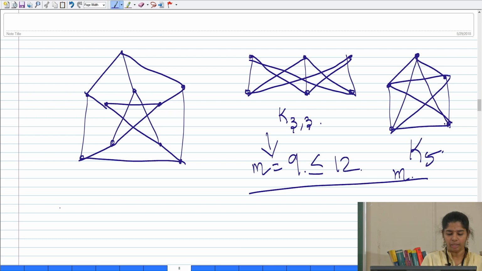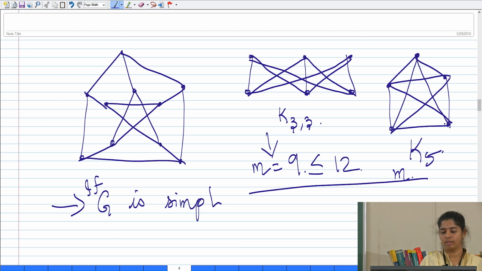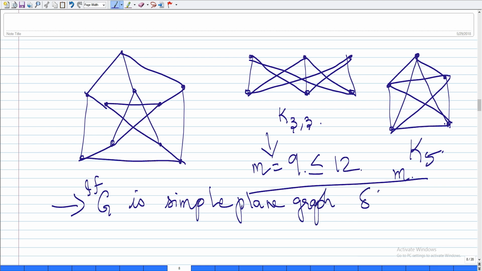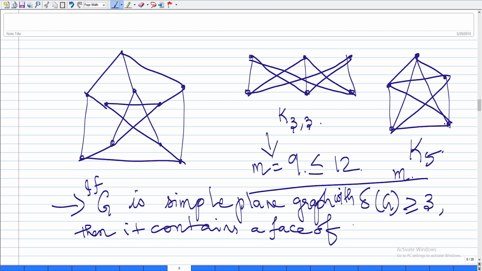So, in this direction, I will give you another result which states that if G is a simple plane graph with the minimum degree delta of G greater than or equal to 3, then it contains a face of degree less than or equal to 5. Okay. So, this again you can prove using the previous results.